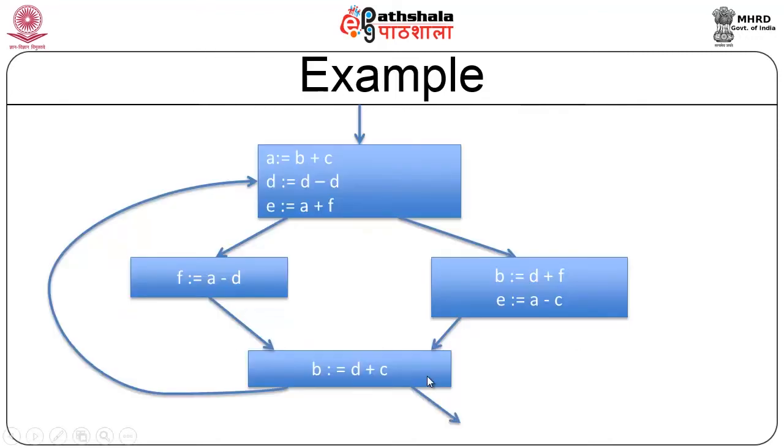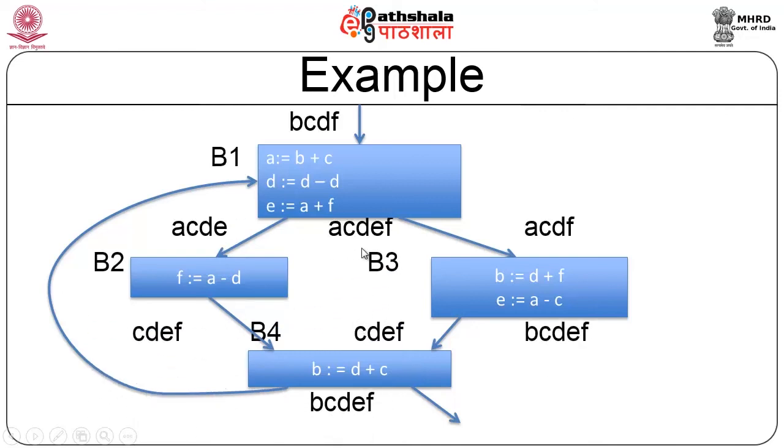Okay. Based on that, let us have this example. I have 4 blocks here, B1, B2, B3 and B4, and these are my instructions. The live variables entering here are B, C, D, F. The variables that are going to live after this block are A, C, D, E, F. The variables that are going to live after this block are C, D, F and so on.